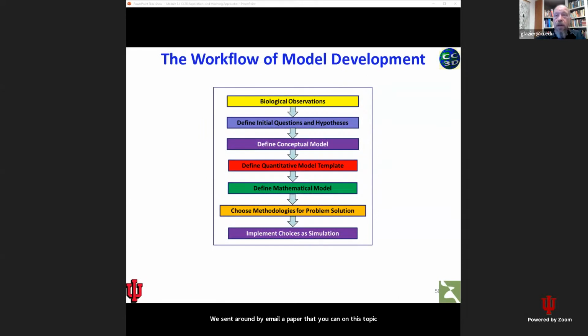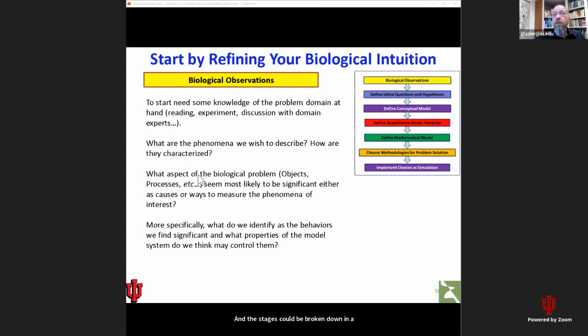And the stages can be broken down in a lot of ways, but the most important one is to start out by defining your biological observations. What is it that you're trying to describe? Why is it interesting? What aspects of this problem are likely to be most significant? How would you measure them?